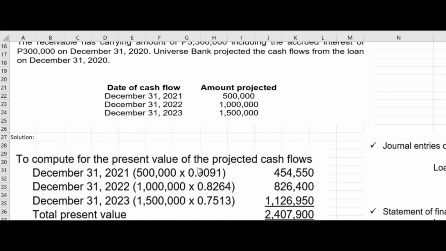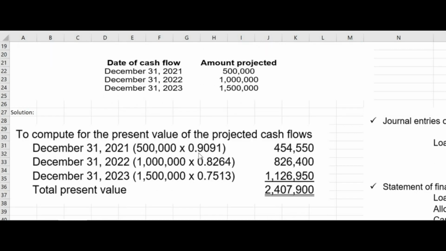So, how do we compute the present value of these cash flows? Here, I computed the present value of 1 factors to multiply with the expected cash flows that we will receive 1 year after, 2 years after, and 3 years after.